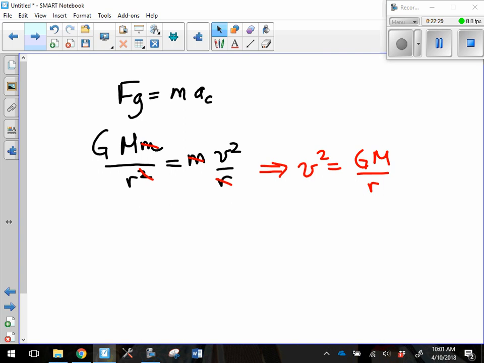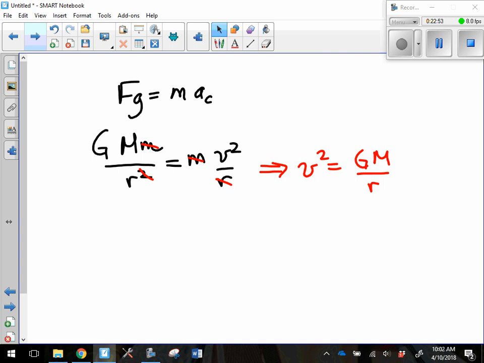Jupiter's year is 11 years. That has to do with what the radius is, but the velocity is going to be different. And the velocity is set by how far it is away from the object.